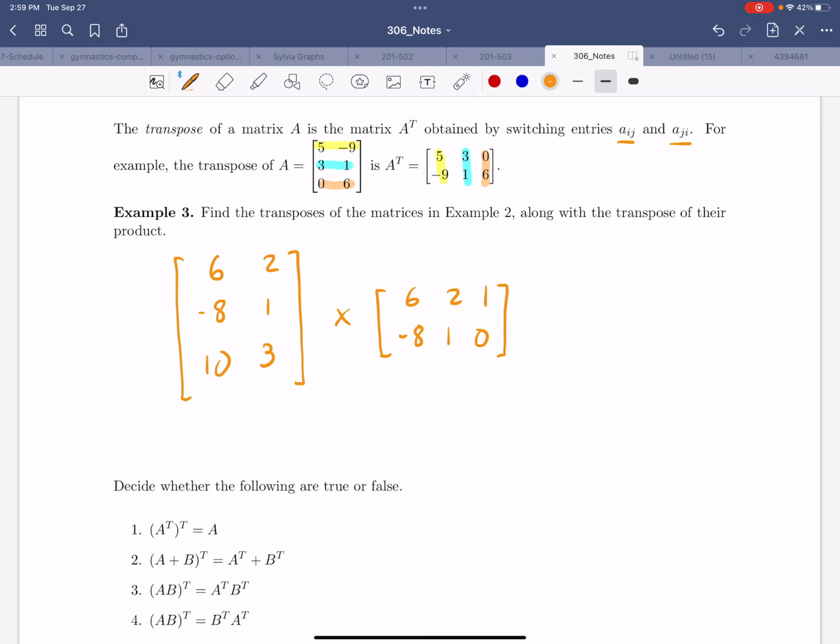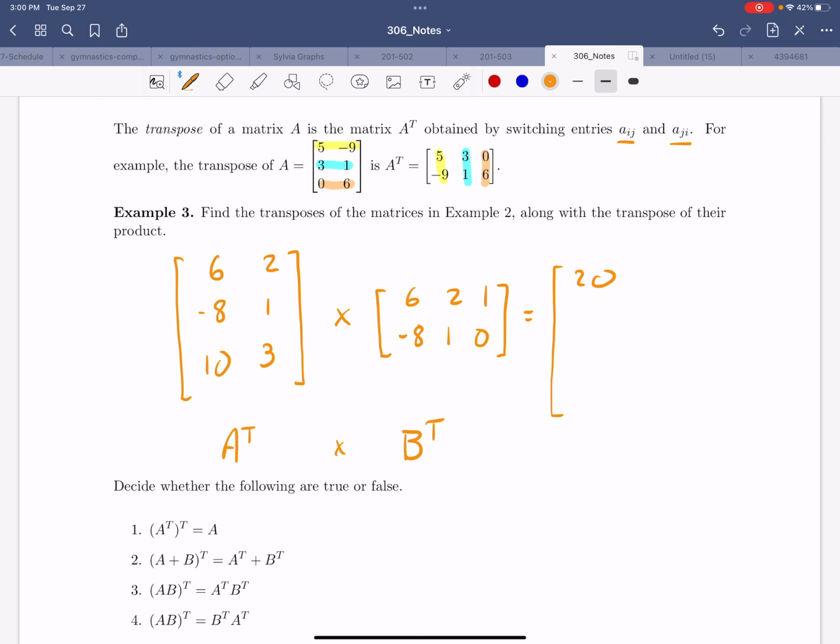Okay. And if we multiply this out, let's do this really quickly since we have them. Call this one maybe A transpose, and the other one maybe B transpose. We're going to get 36 plus negative 16, this times this plus this times this, so 36 minus 16, which is 20.